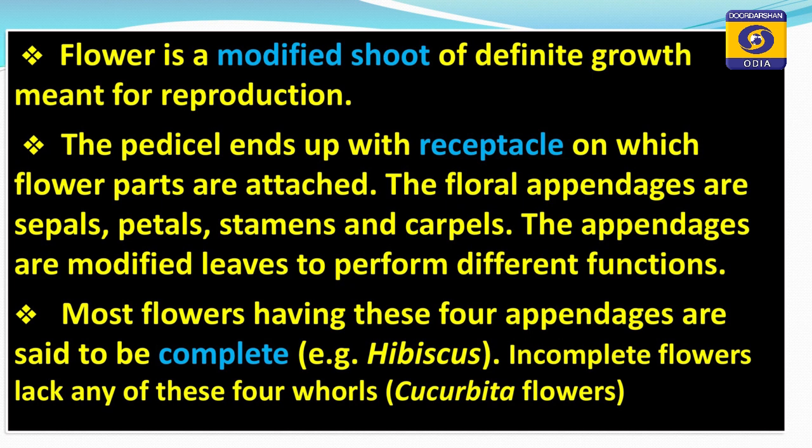It grows for a specific length, where the different appendages are sepals, petals, stamens and carpels. As it is seen, the internode is almost reduced and the appendages appear to arise from a very common point.